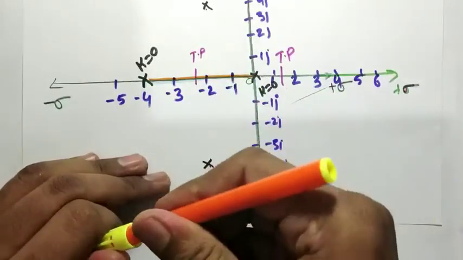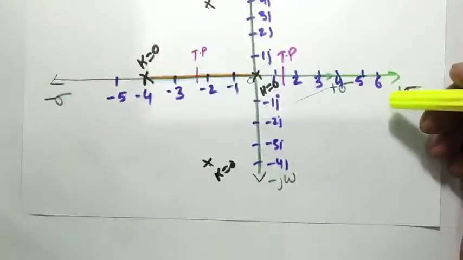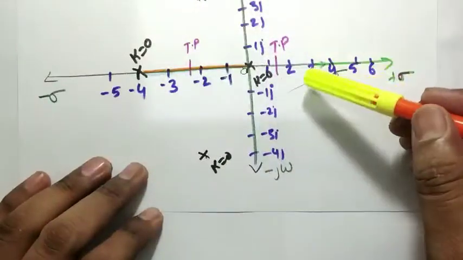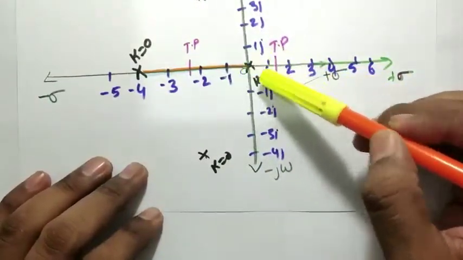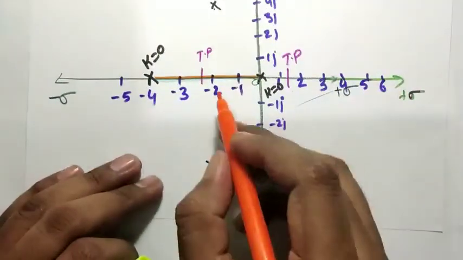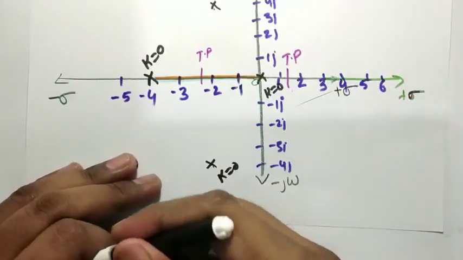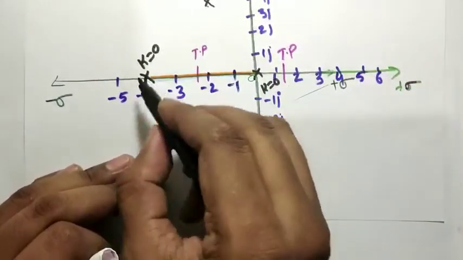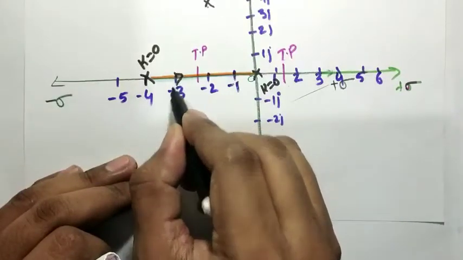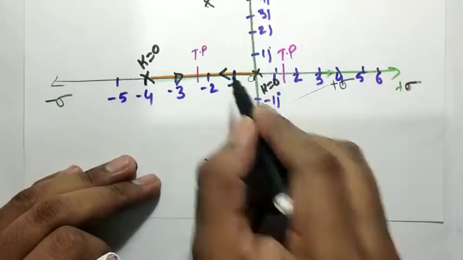Next, you have to find the root locus path as the K value changes. As we increase the K value, the roots will move. This root will move in this direction, and this root will move in this direction.